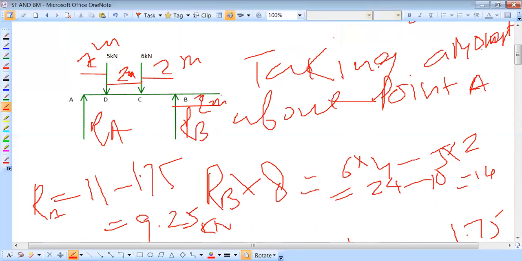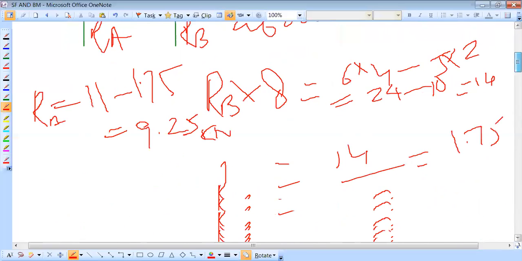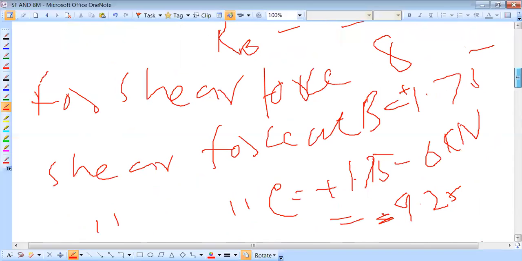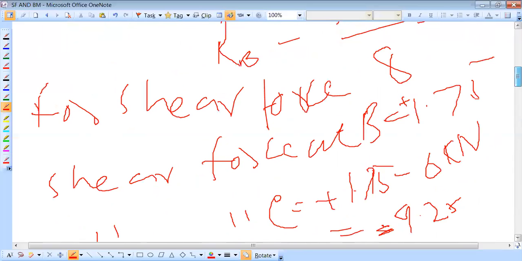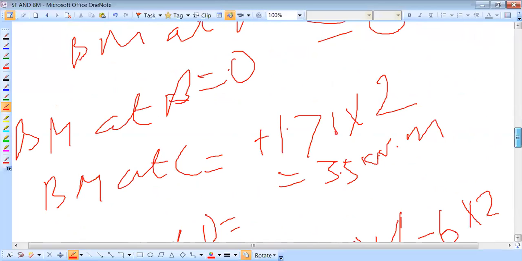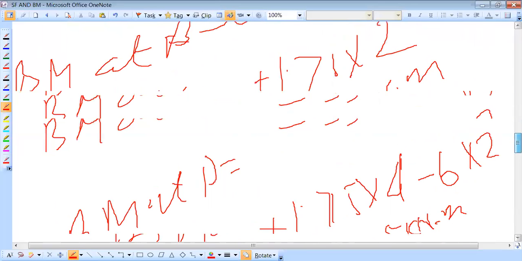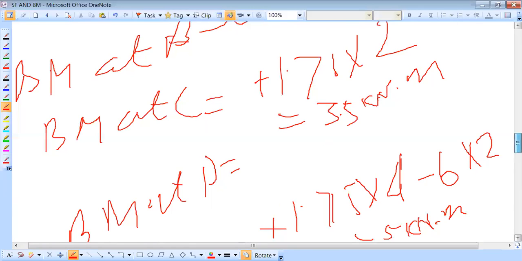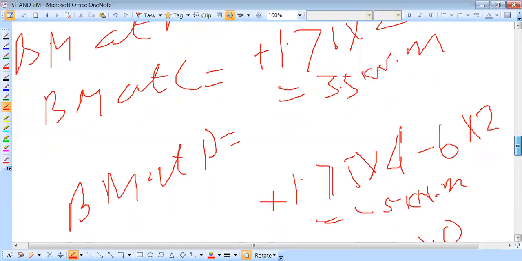But at this point, BM is equal to how much? Point C. I have already found out the point C, 3.5, then minus 3.5.